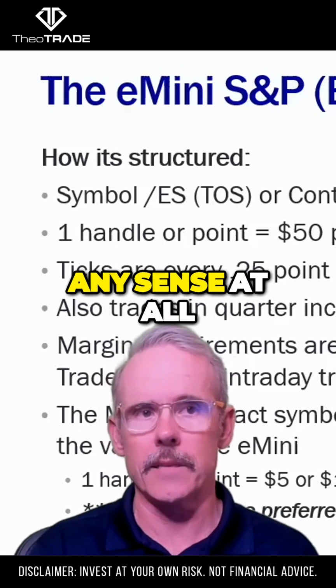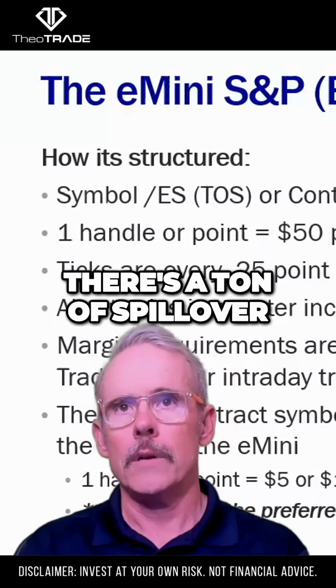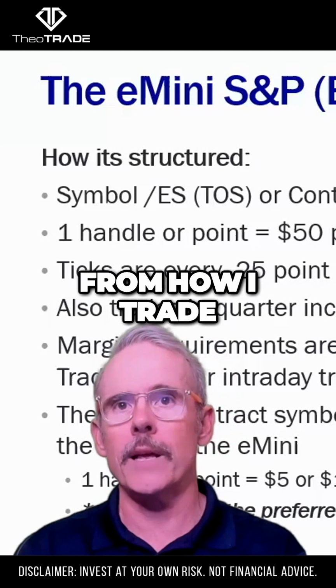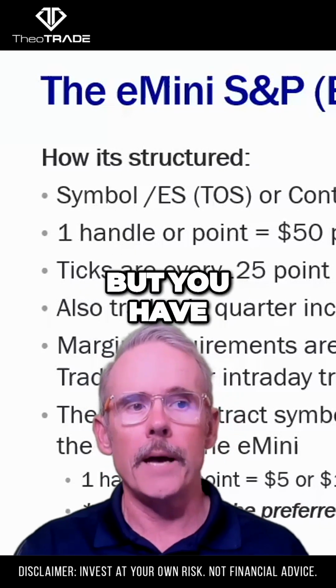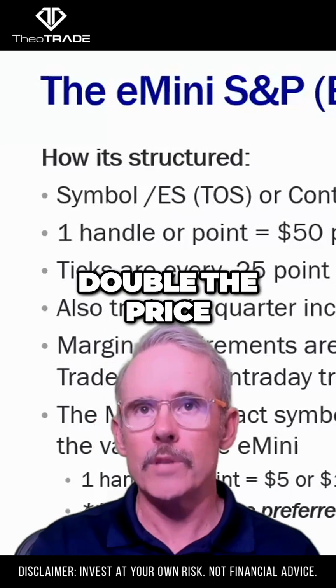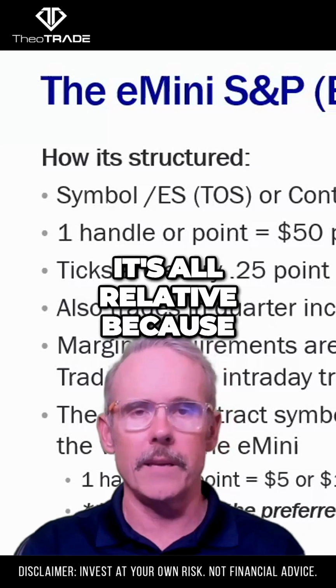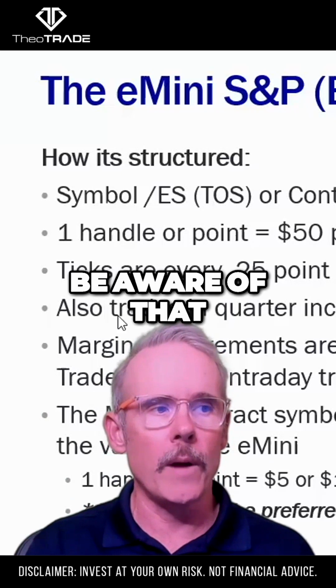That doesn't make any sense at all. So you have to understand there's a ton of spillover from how I trade the NQ and how I look at the NQ and price action therein. But you have to respect that this thing is double the price, basically. It's all relative because it doesn't move like the NQ, but you need to be aware of that.